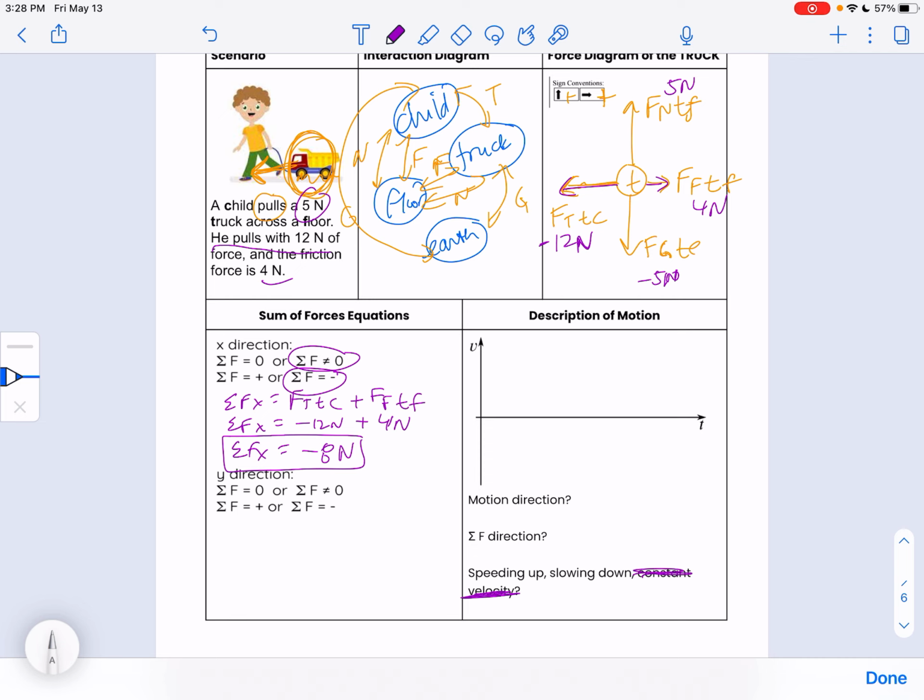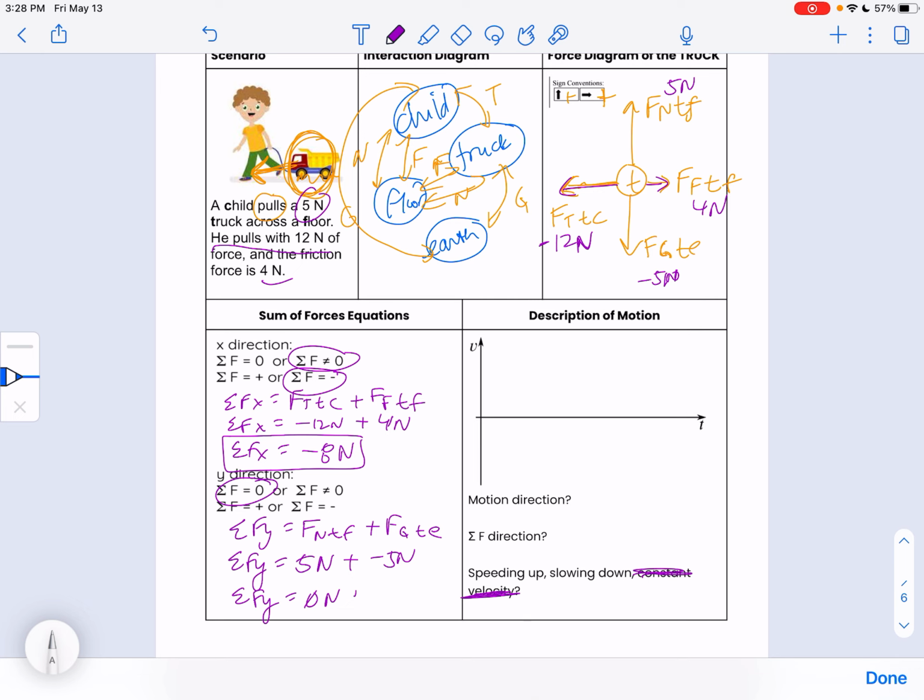The sum of the forces is negative. And then in the y direction, I've got force, normal, truck, floor, plus force, gravity, truck, earth. That's going to be 5 newtons up, plus negative 5 down.